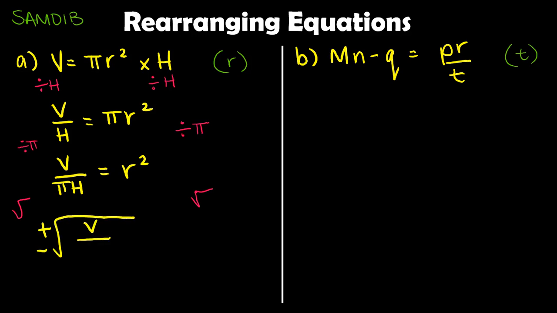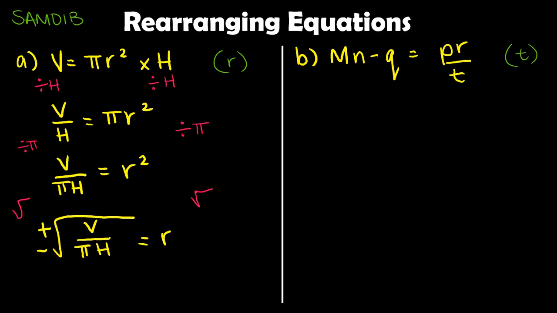The reason for that is we know that 2 squared is equal to 4, but negative 2 squared is also equal to 4. So that is why we do plus or minus the square root of any number. Oh, it's not R squared, sorry, equals R. So there is my equation that has been rearranged to make R the subject.